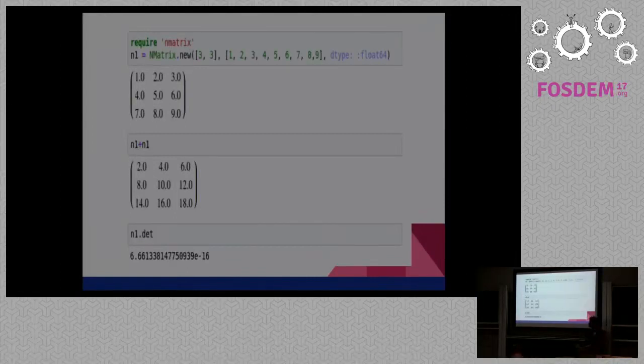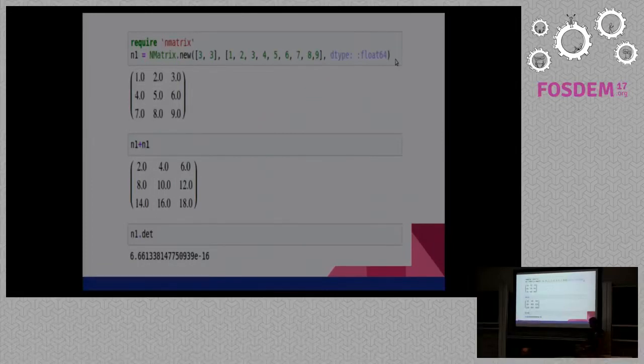So this is how you use the NMatrix gem. You just require it, and in the second line of code, I create an NMatrix. You can see that it's a two-dimensional matrix of 3 rows and 3 columns, followed by the elements it contains, and the type of the matrix is float64, which is actually double.